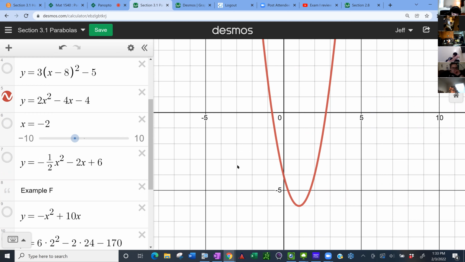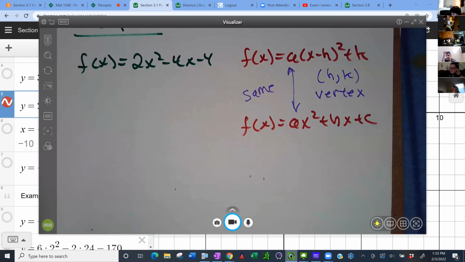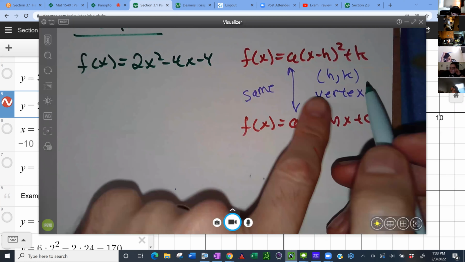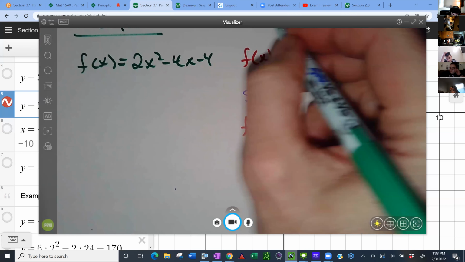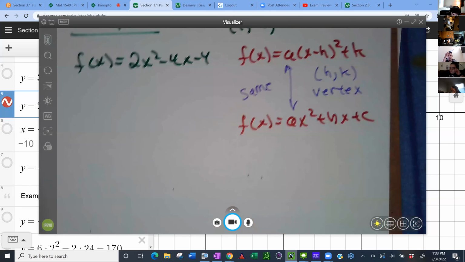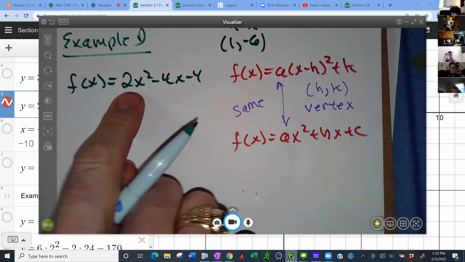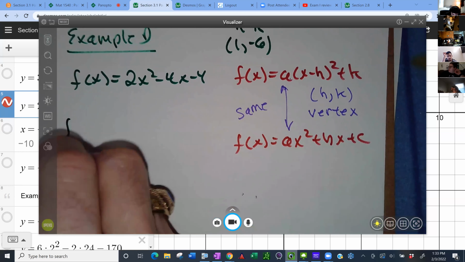1, -6. Perfect. You can just trace on it right there. Thank you. So our vertex is at 1, -6. That's your h and k. And I know what a is. a is 2.